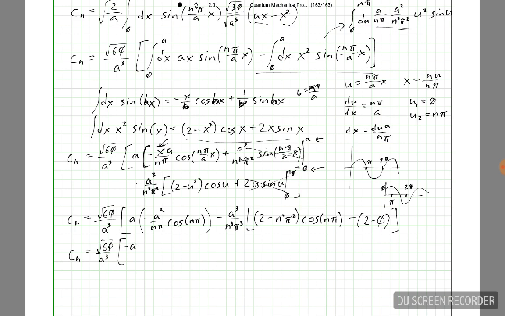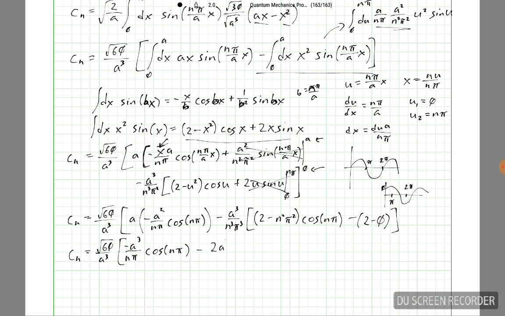Okay, so my first one, I get a negative a cubed, which makes me very happy because I have an a cubed in my second term, meaning that my dimensions are the same, so I'm happy about that. And then that's cosine n pi, and we could just multiply this guy through.